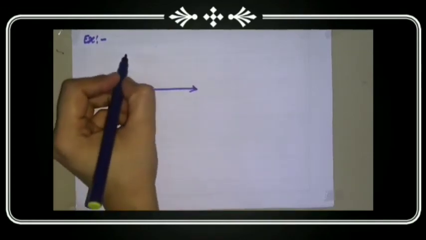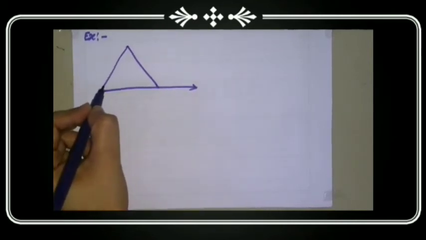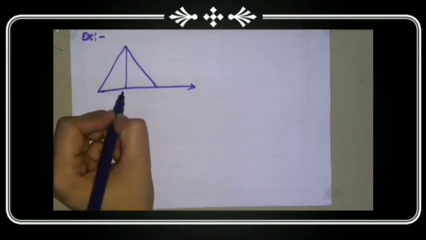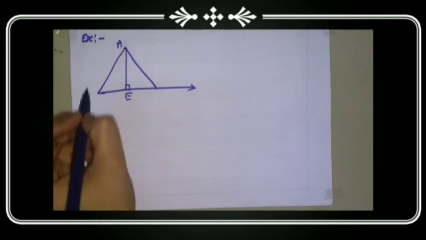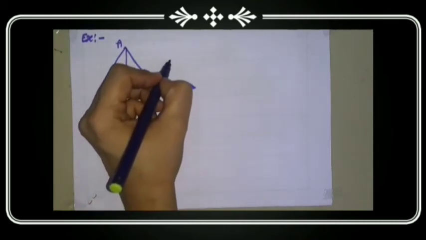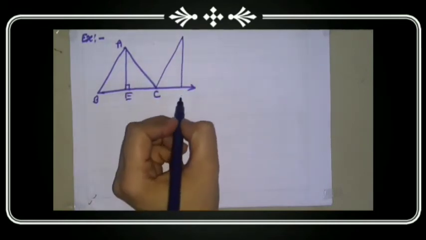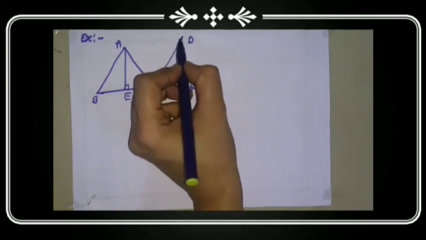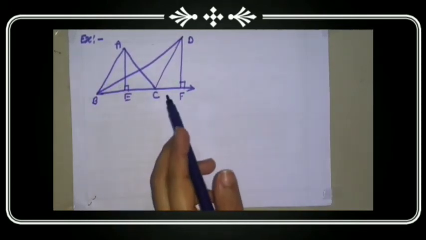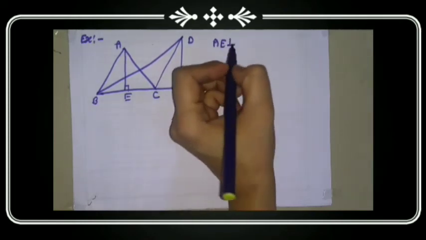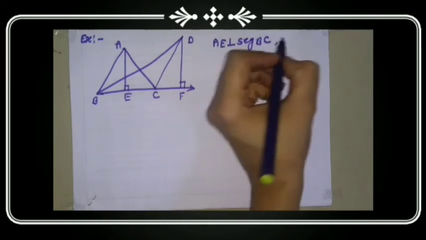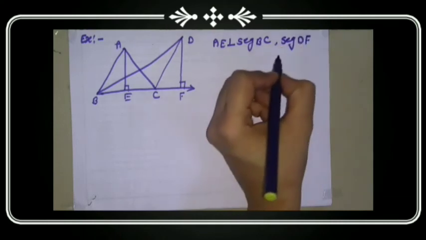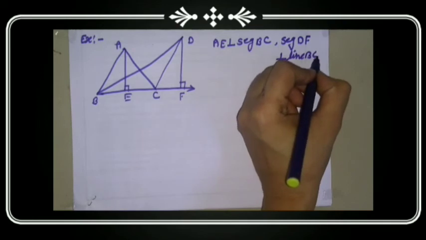For example, in adjoining figure, AE is a perpendicular of segment BC and segment DF is a perpendicular of line BC.